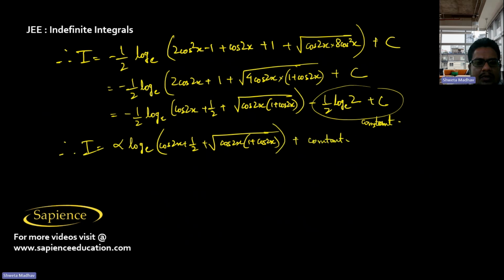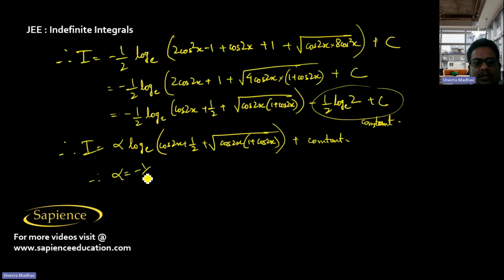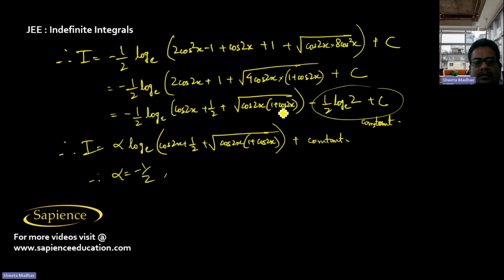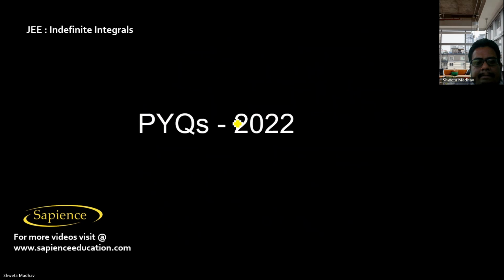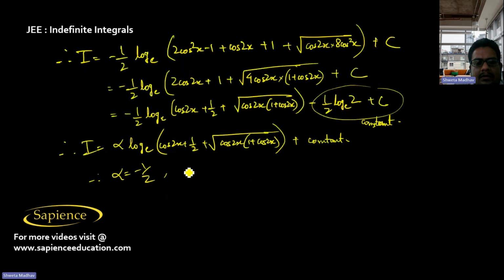If we compare these two, we get alpha equal to minus half, and 1 by beta is equal to 2, so beta is equal to half.